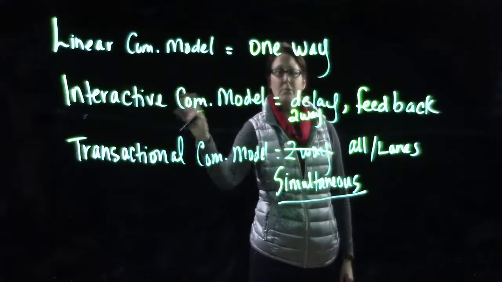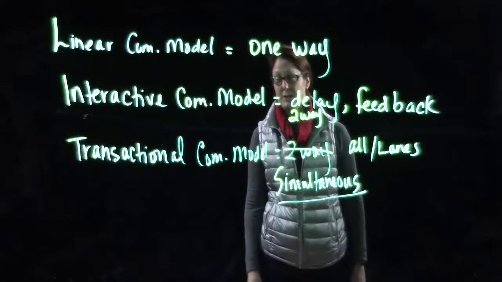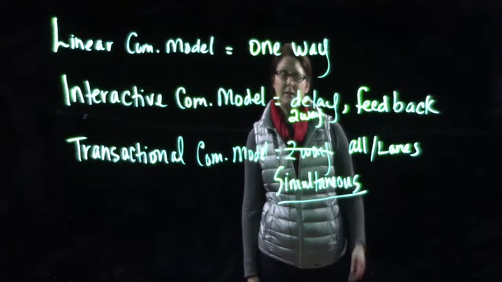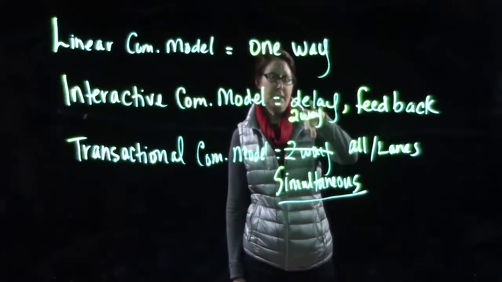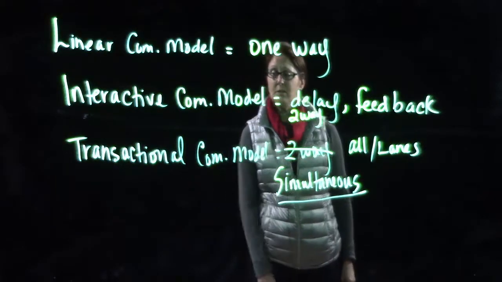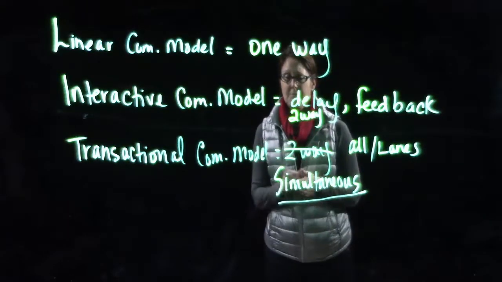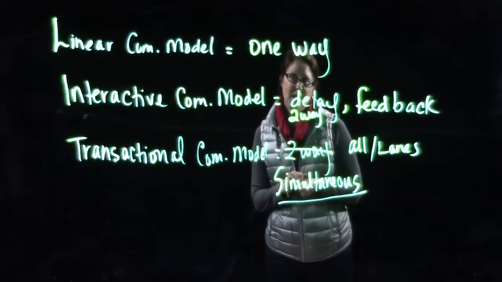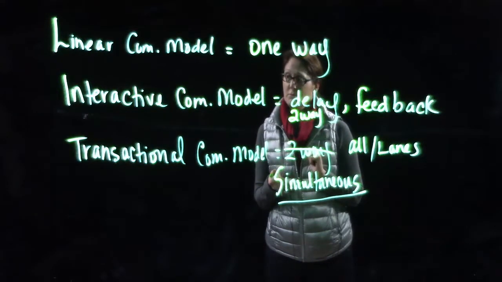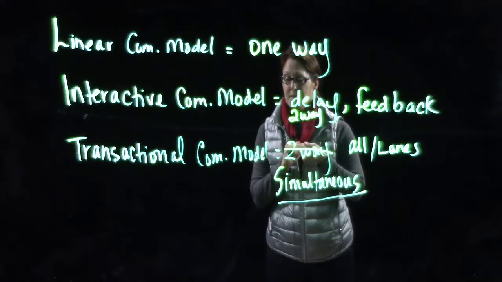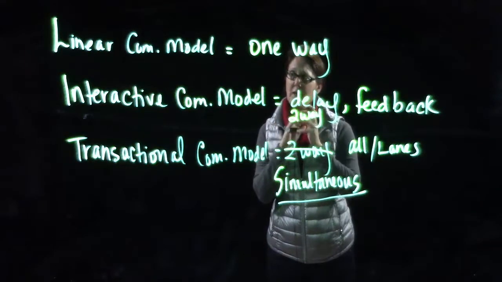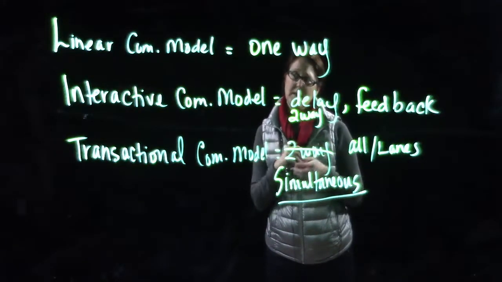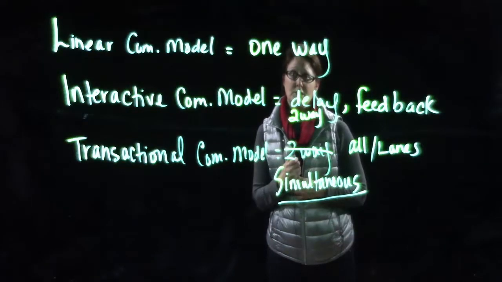Whereas with interactive, you post it on Facebook and maybe a couple of friends reply later in the day. It's a type of feedback, but there's a delay. A transactional communication model would be doing FaceTime or Skyping or any type of medium where you can look and correspond with that person in real time, or face-to-face communication.